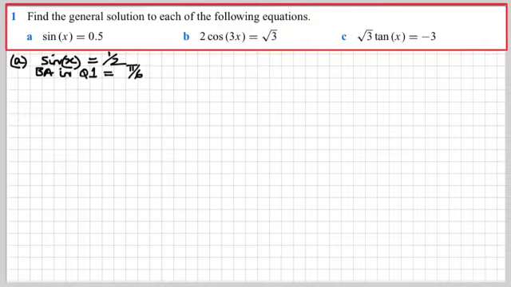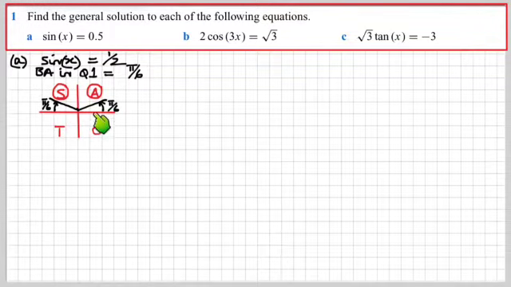You first of all think about quadrant 1 and what the basic angle in quadrant 1 would be, which has a sine of a half, and that happens to be pi on 6. Next thing you do is you draw a little quadrant or CAST diagram, as I call them, and then you mark your C for cosine being positive, A for all of them being positive, S for sine being positive, T for tan being positive, and then I put a circle around the quadrants which I'm interested in here, which are the 2 quadrants in which sine is positive, because sine of x is positive a half, right?